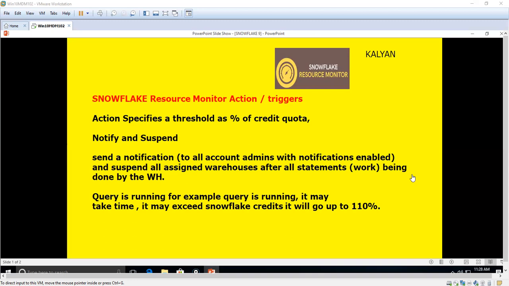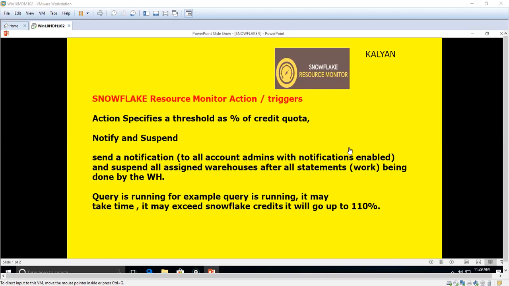A query is running and may take time, so it may exceed the Snowflake credit, for example to 110%. So no need to worry about that. It will execute the query, and after that it will suspend the warehouse. That is one way of action.